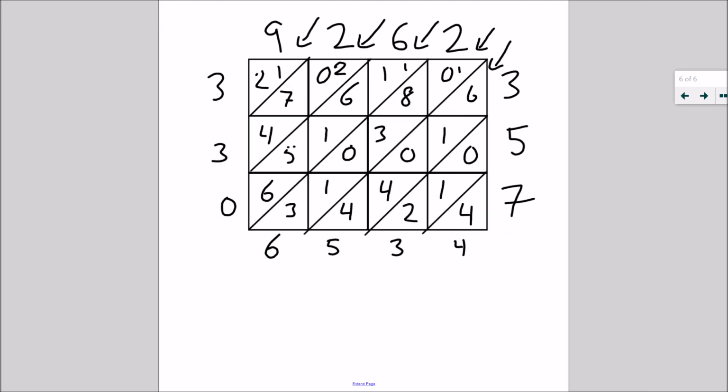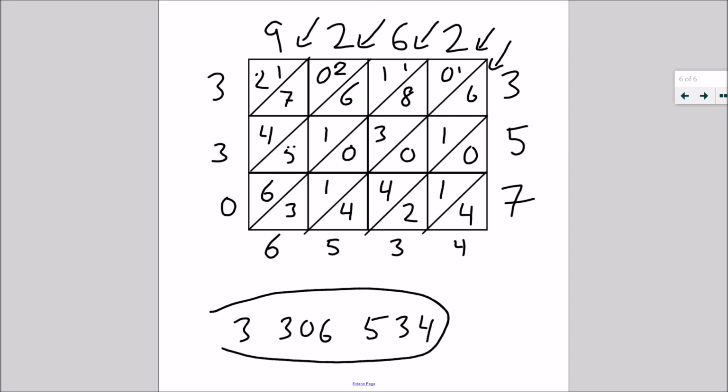Which means, wrapping around the left, we can see 3,306,534. Now, feel free to double check me with a calculator if you'd like, but I'm pretty confident that 9,262 times 357 equals 3,306,534.